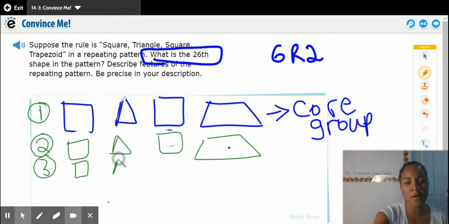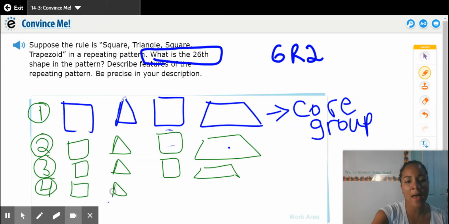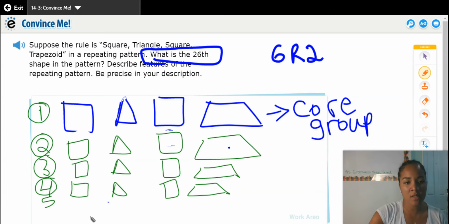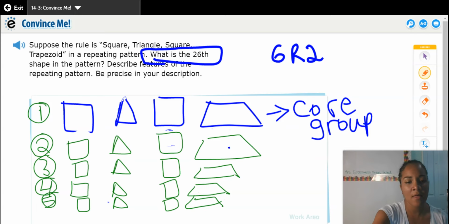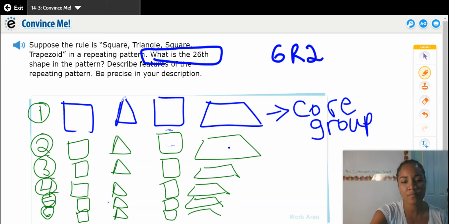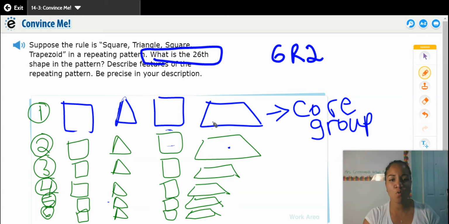We can do it again and we create our pattern. 4, we go, we create our pattern. 5, let me X this out. 5, we go and we can have our pattern. And then 6, we can go and we can have a pattern. And this gives me 24.